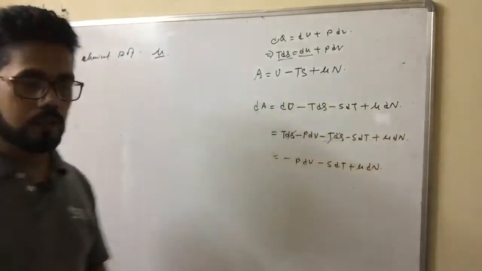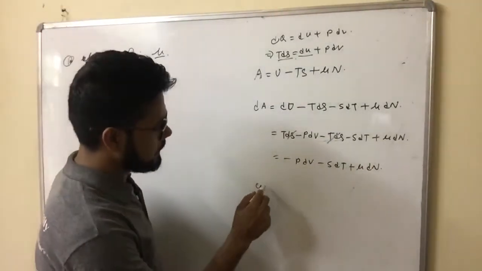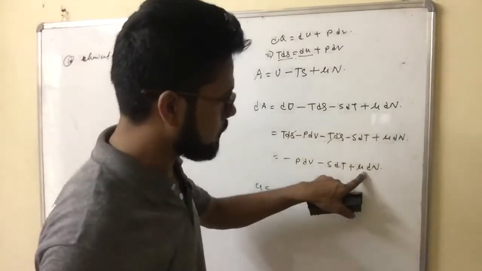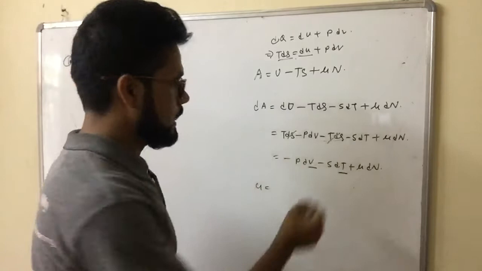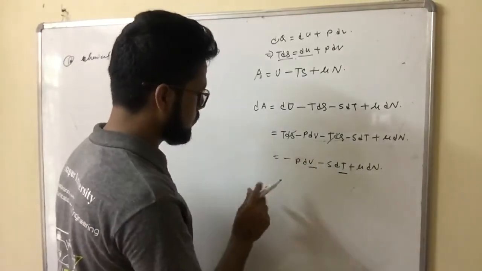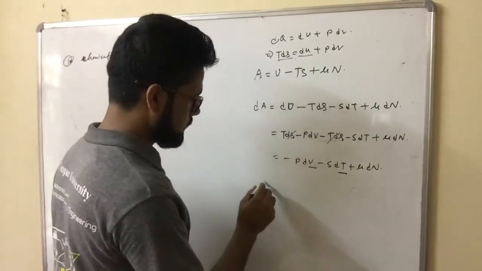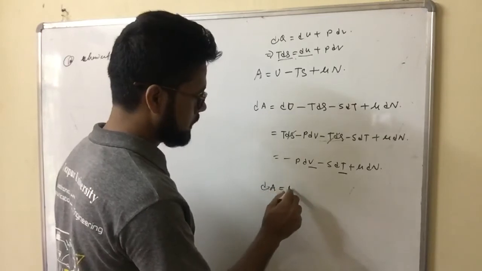Now suppose I need the chemical potential, so I need this term. If volume is constant and temperature is constant, then dA equals mu dN.